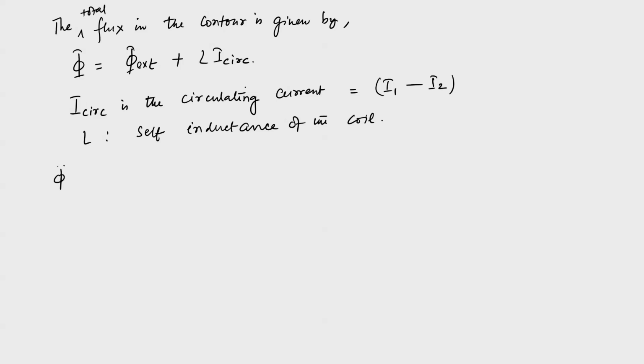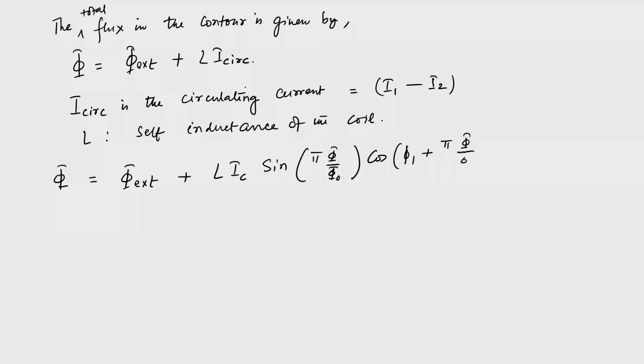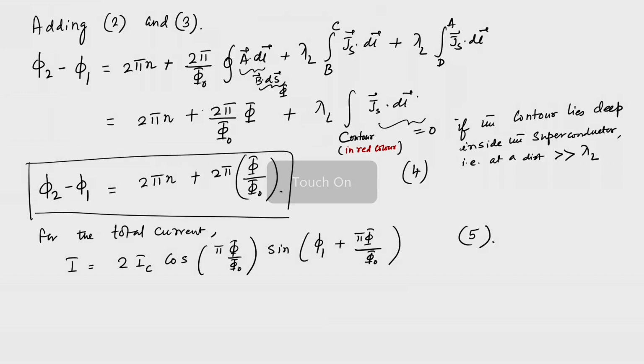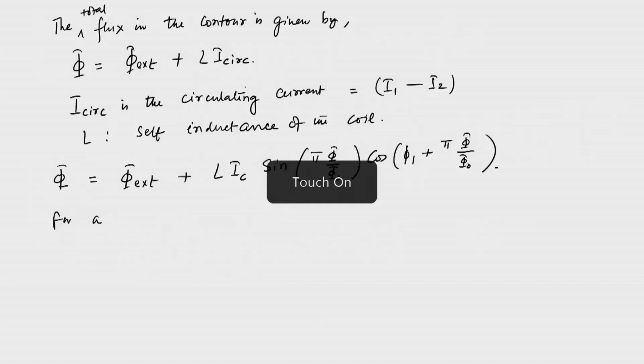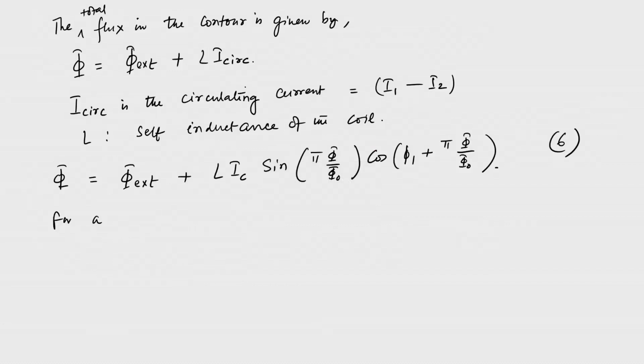So, phi can be written as phi equal to phi external plus L I c sine of pi phi over phi 0 and cosine of phi 1 plus pi phi over phi 0, and so on. So, let us look at this equation and equations 5 and 6. This is 6.